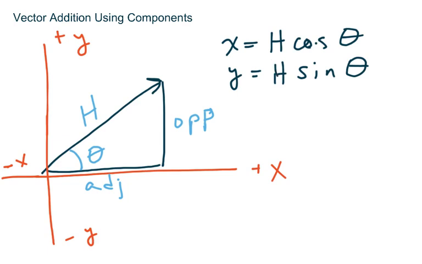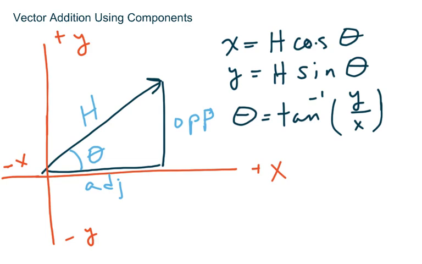And then if you have x and y and you want to find the angle, we're going to use the function that theta, the angle, is equal to the arctangent or the inverse tangent, I've heard it both ways now, of your y component divided by your x component. So just keep these equations in mind when we're going through the different practice problems.